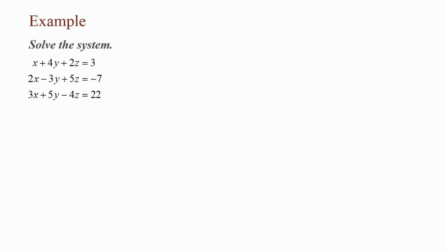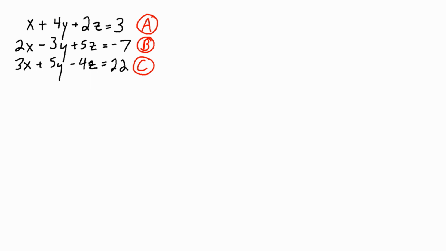In this example, solve the system x plus 4y plus 2z equals 3, 2x minus 3y plus 5z equals -7, 3x plus 5y minus 4z equals 22. We'll refer to the top equation as equation A, the middle one is equation B, and the bottom one is equation C. The first step is to decide which variable we should eliminate.